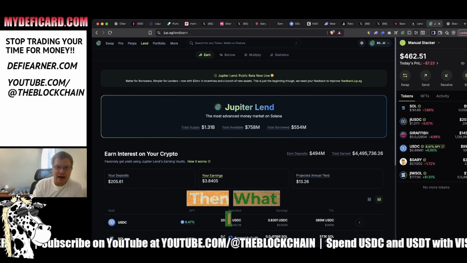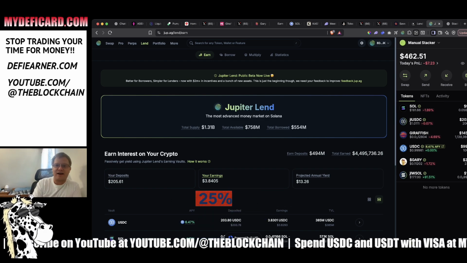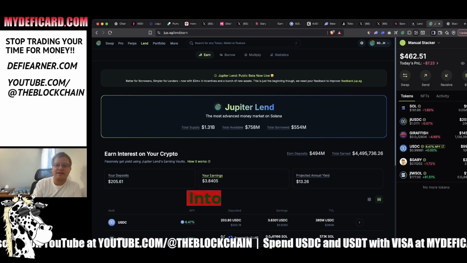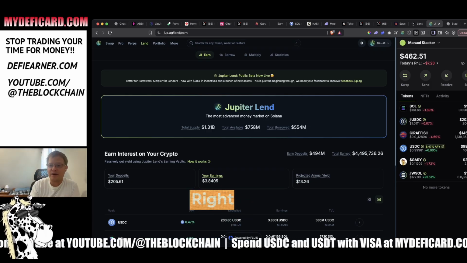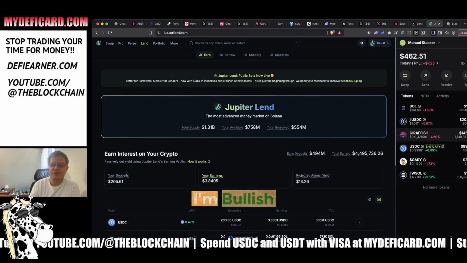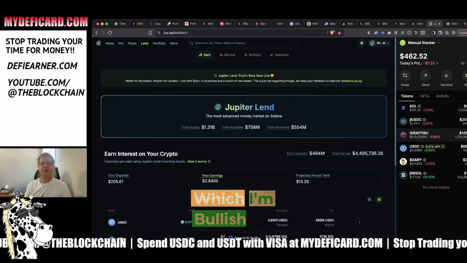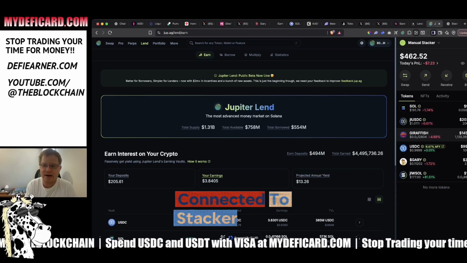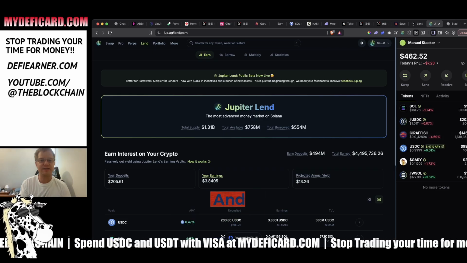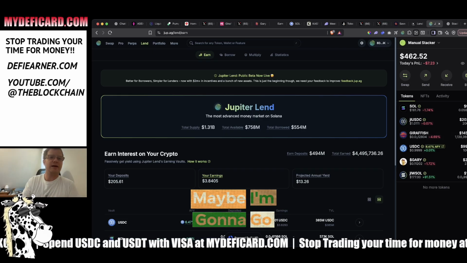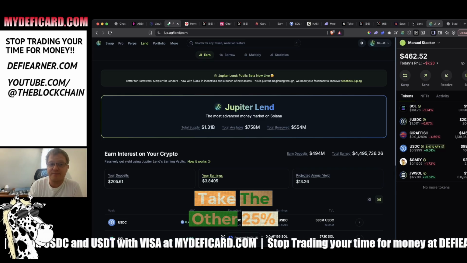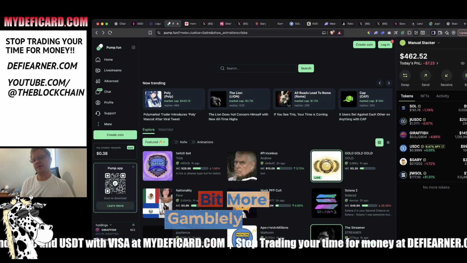Then what I personally like to do is take 25% and put it into things that I'm bullish on. Right here along the side, you can see I have Draftfish. I'm bullish on that, so I buy a little bit of it. I buy some more Gary coin, which I'm also bullish on, and both of those are connected to Stacker Agent. Then maybe I take the other 25% and do a little bit more gambly things.